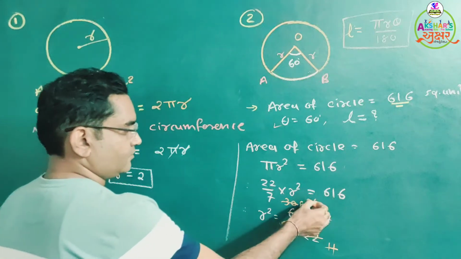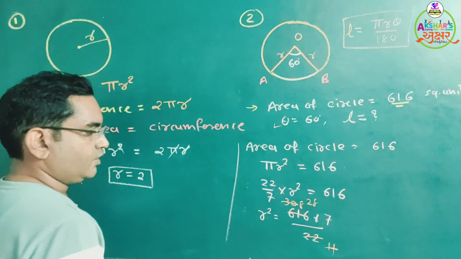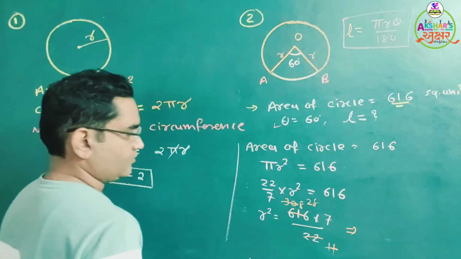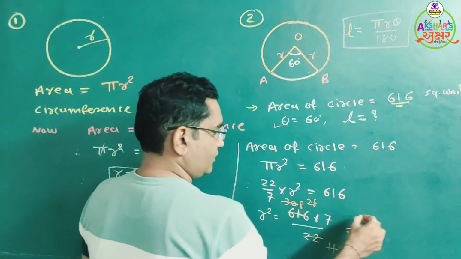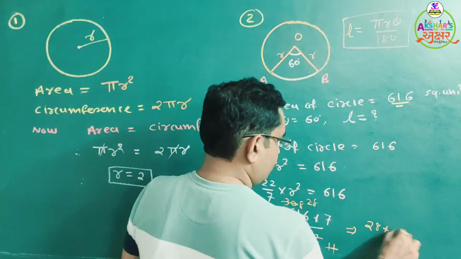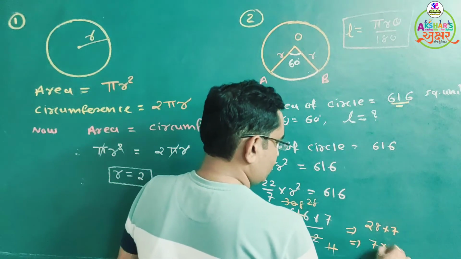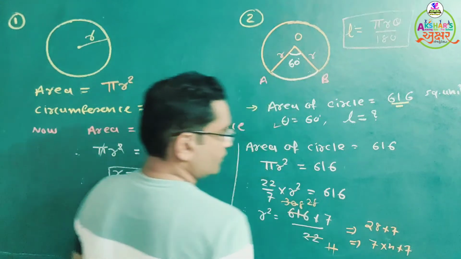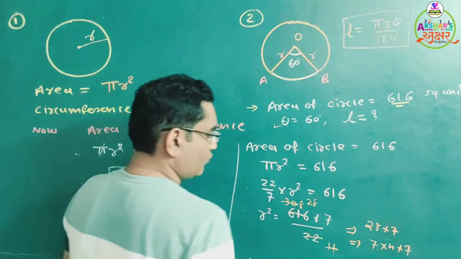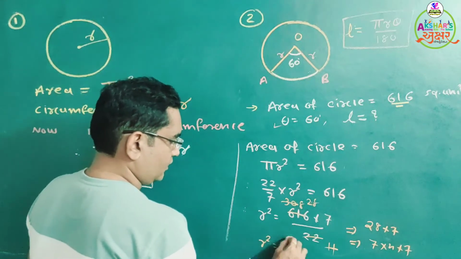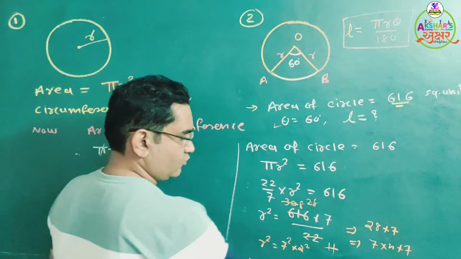So this will be 28 into 7. r square is 28 into 7, which we can write as 7 4s are 28 into 7. So this one is 7 square into 2 square. So r square is 7 square into 4, and 4 is 2 square.